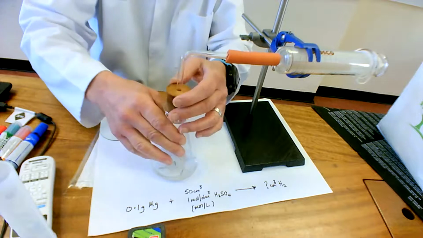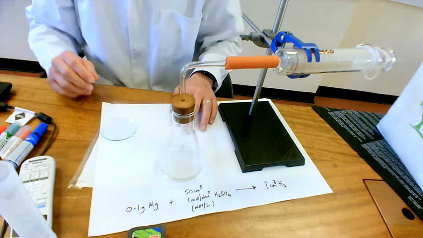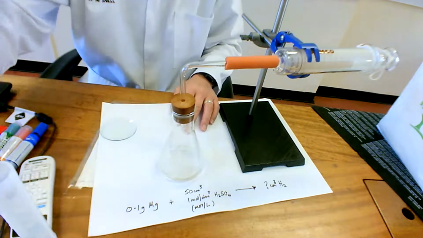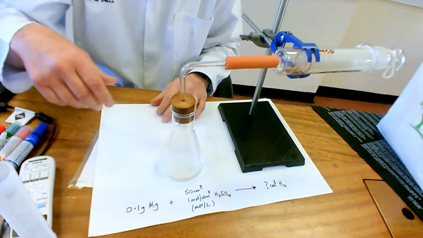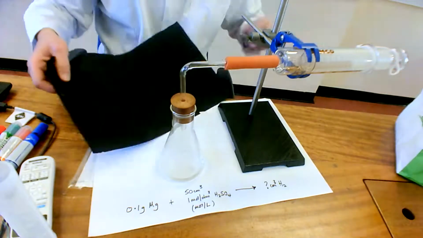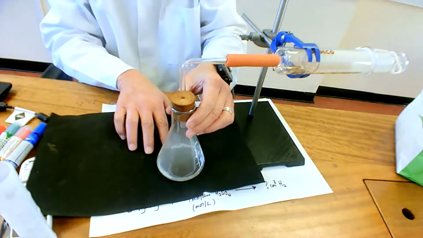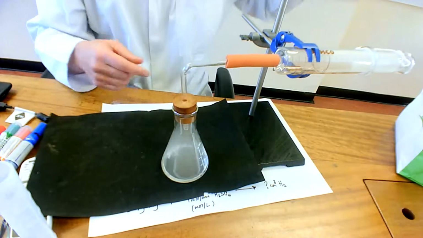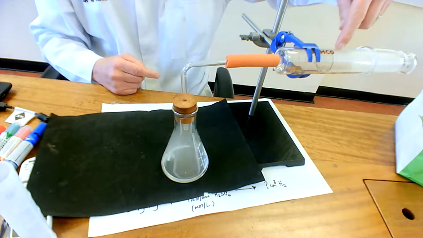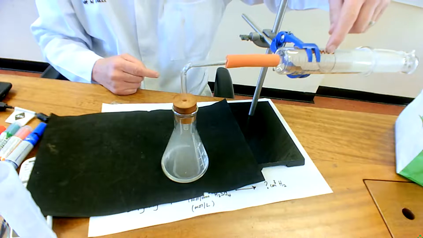Oh no, terrible. So you hopefully can see it fizzing. It would be easier if it was against a darker background. There we are, fizzing. And what you should be able to see over here is that the plunger is being pushed out.